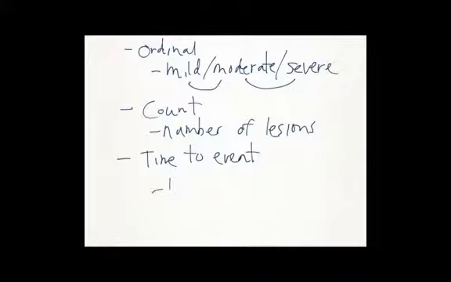And this might be time to death. So we give patients two different types of treatments. We measure the time to death in each of the two groups, and that's our outcome, a time to event variable. Okay, so that's a quick overview of the types of variables. We had continuous, binary, nominal or categorical, ordinal, count variables, and time to event variables. Okay, so those are our data types.